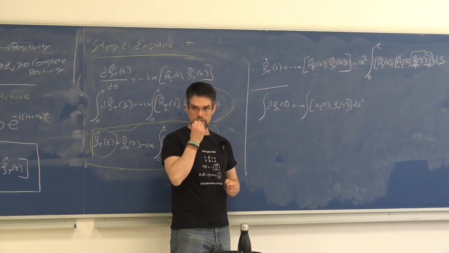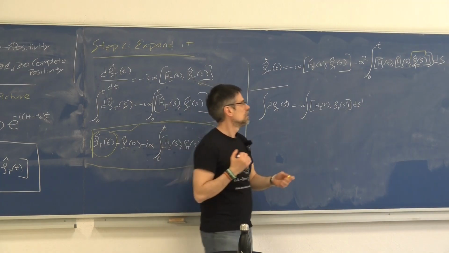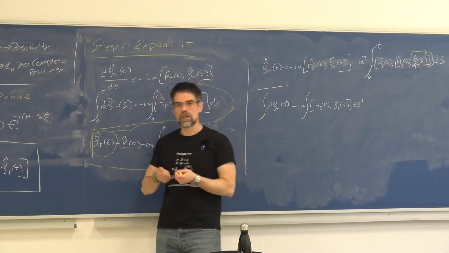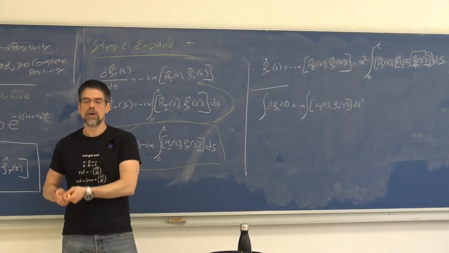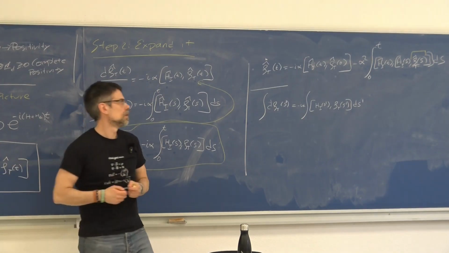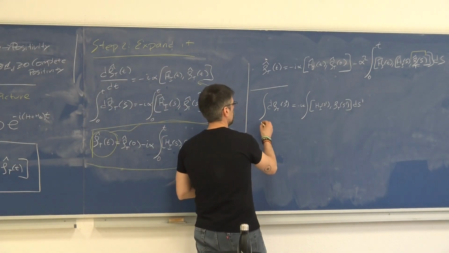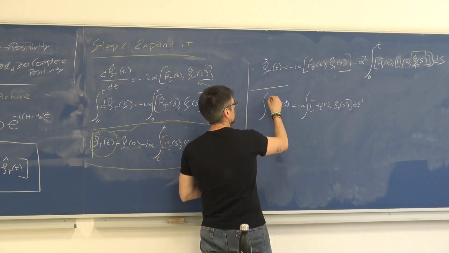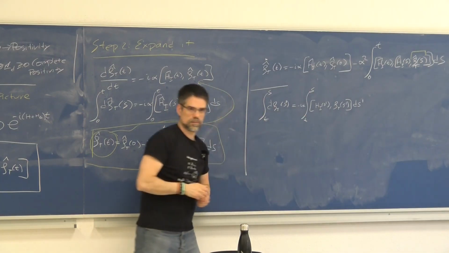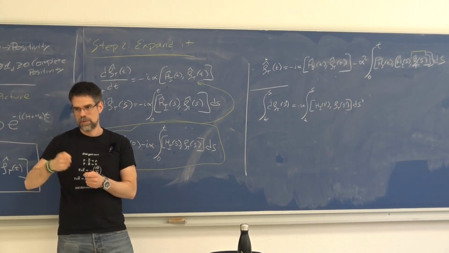Where do I integrate from? What I want is to get rid of this rho t of s. I want to transform it into rho t of t, so I don't have to integrate all the time or all the state. So I can choose, for instance, to integrate between t and s.